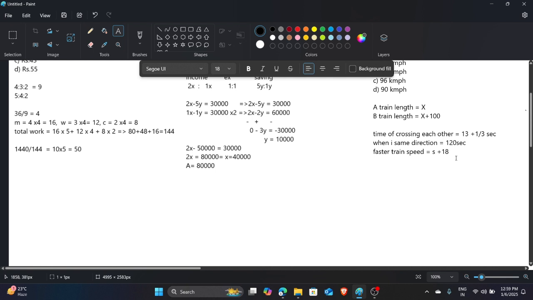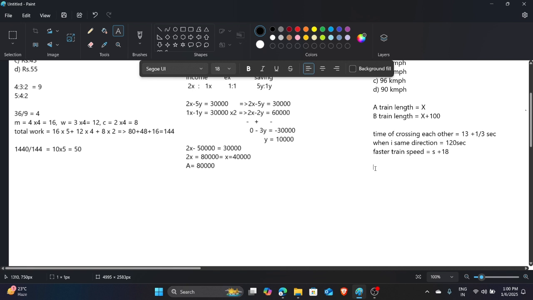So the length of both trains is this. Now the time to cross each other. The total distance when they are crossing each other is the same in both conditions, because only the speed and time differ.